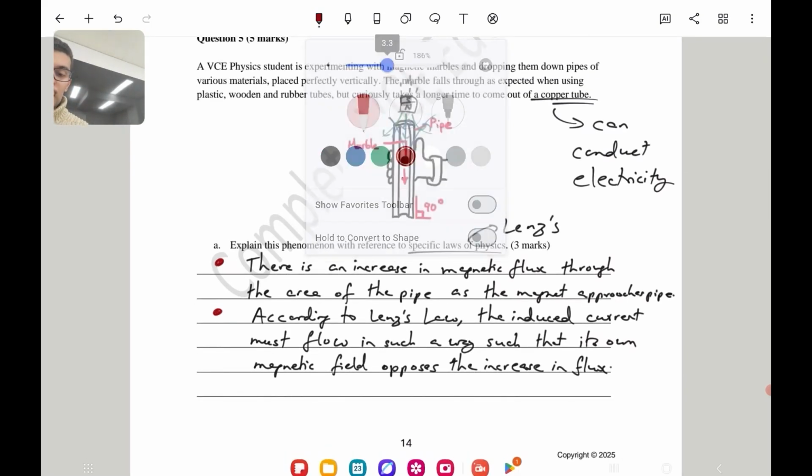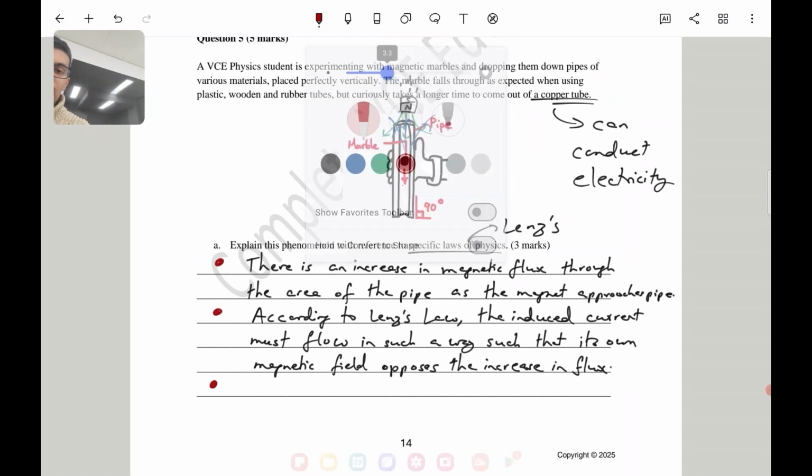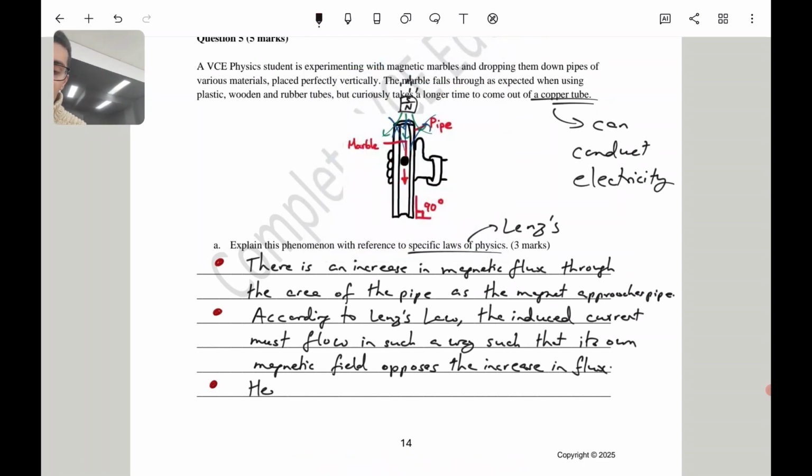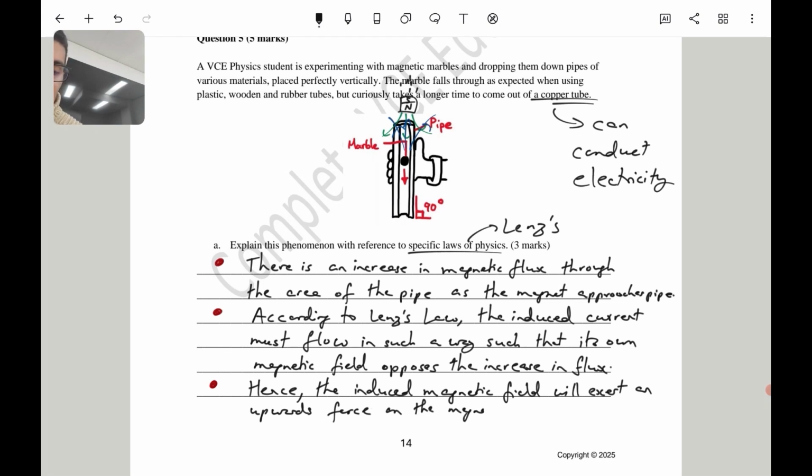All right, now overall, guys, what's the most important thing is that the magnetic field will exert an upwards magnetic force on the magnet. Okay, slowing it down.